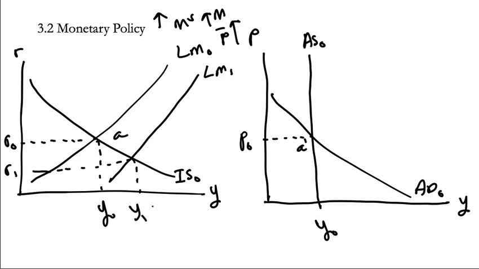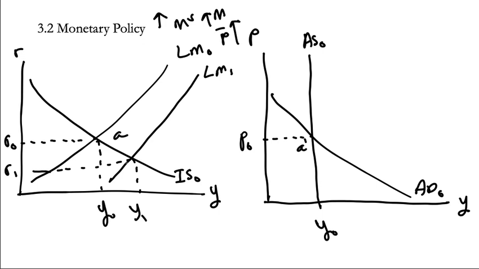Now, as output increases to Y1, aggregate demand also shifts to the right. Why? Because when money supply increases, the interest rate falls, the cost of production decreases, and investment demand will increase.